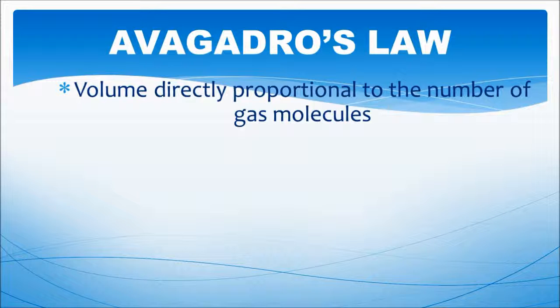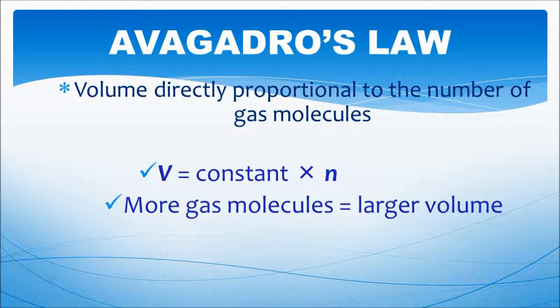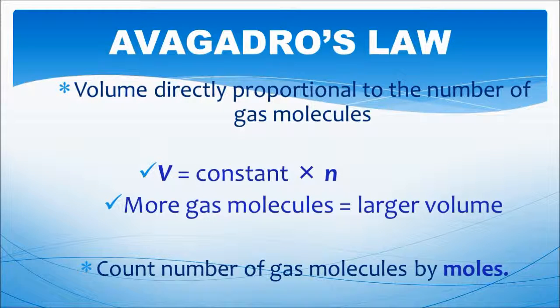And this, of course, takes place at constant temperature and pressure. So V equals a constant multiplied by n, where n is the number of moles. Therefore, more gas molecules equal a larger volume. And we count the number of gas molecules by moles.